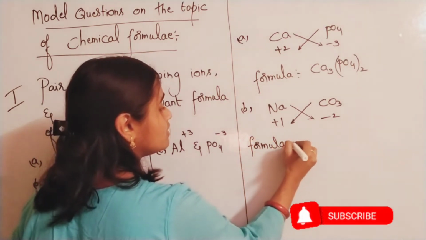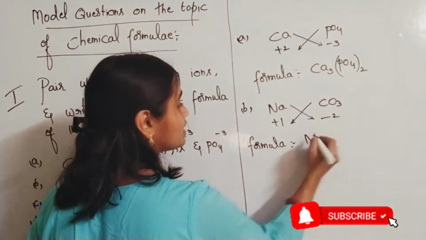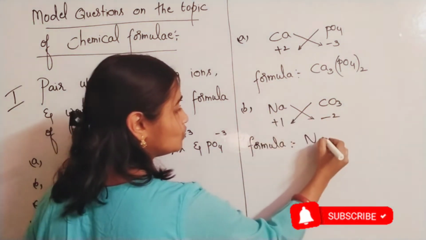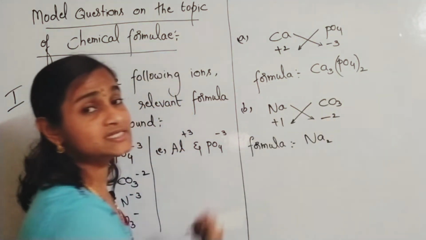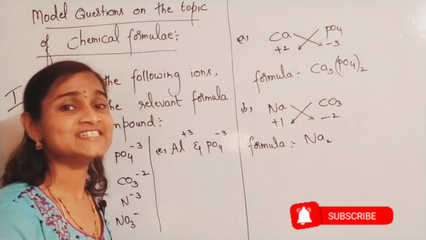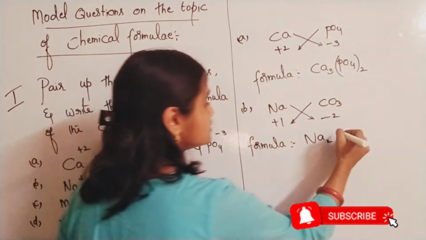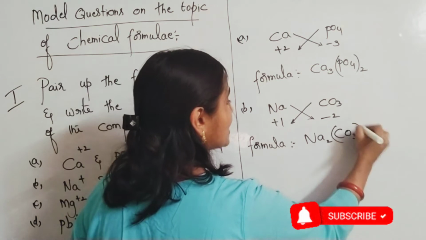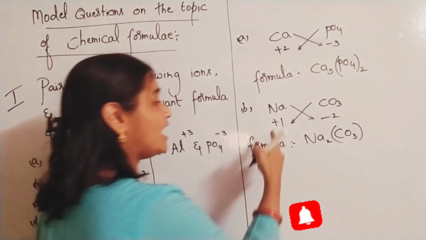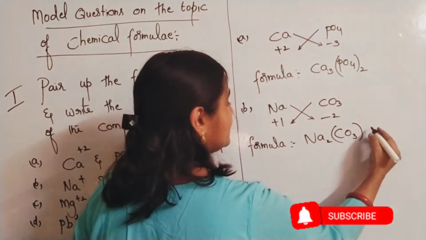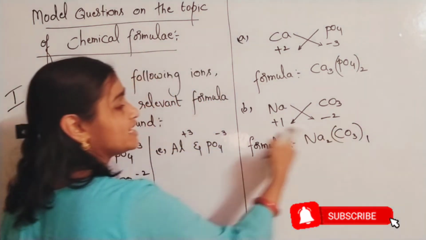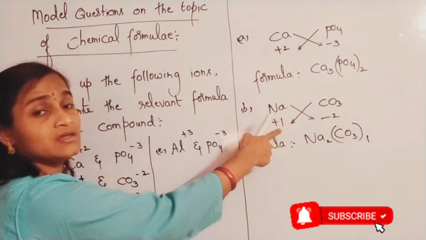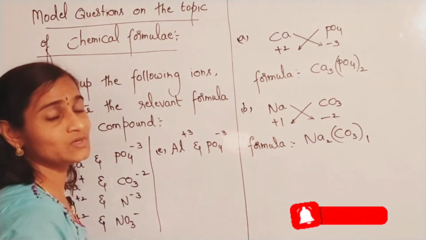After crossing, Na2, and CO3 is a compound ion, so it is kept in brackets, with 1 outside, since the crossed number for CO3 is 1.